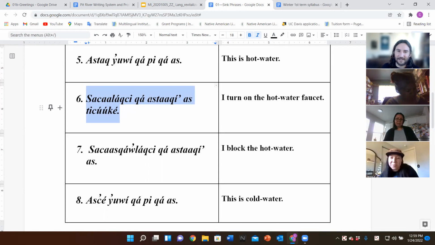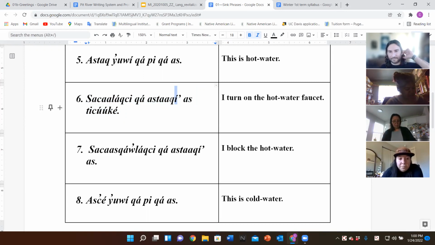Astaki. Astaki. Yes. Is it from the back? Yeah, the Q is the, yeah, so it makes the E sound kind of funny, but you're still trying to say E, but then you just have the Q in front of it. It's astaki. Astagi. Okay.